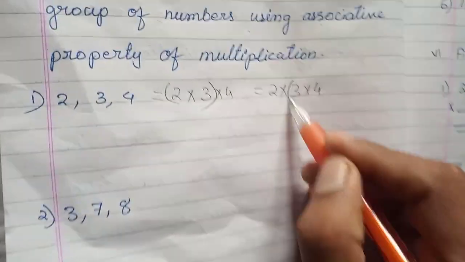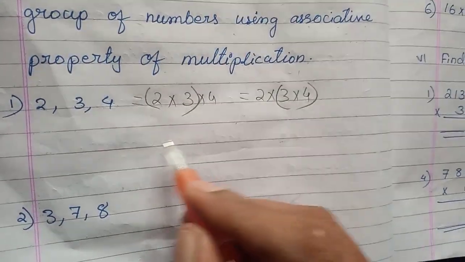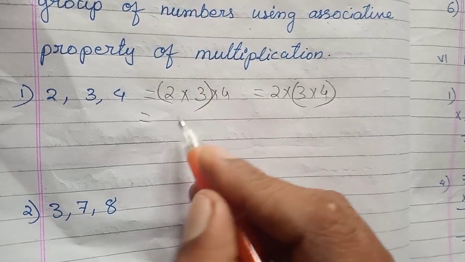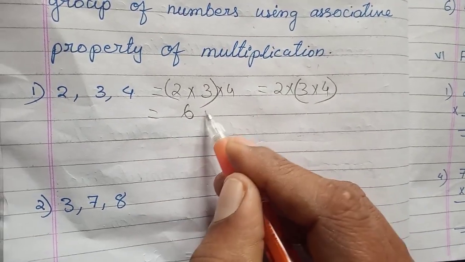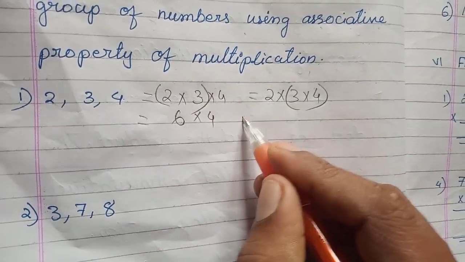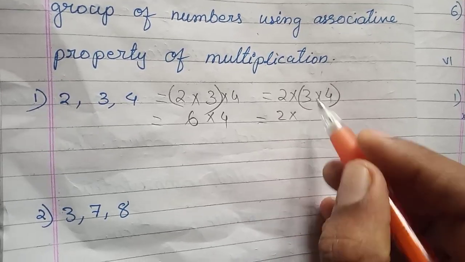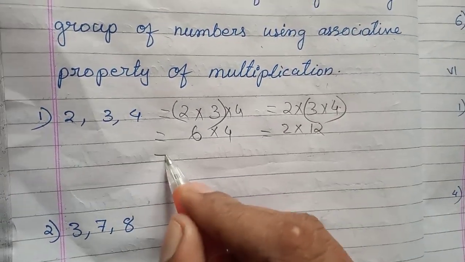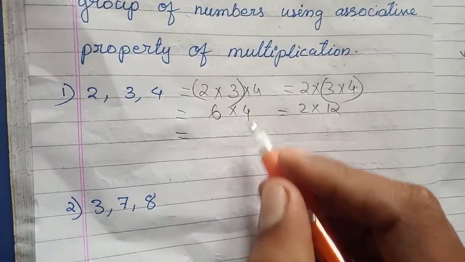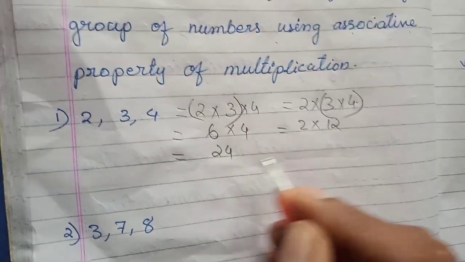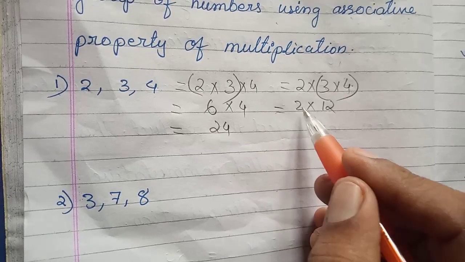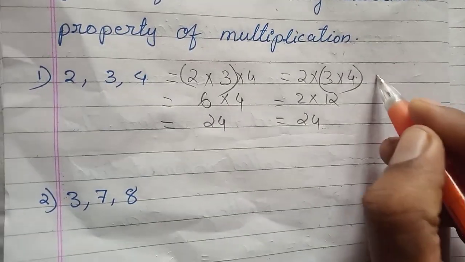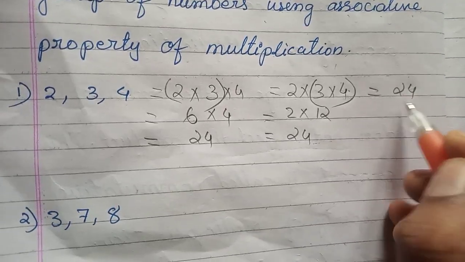Here 3 into 4 in bracket is equal to 2 into 3, 6 into 4 is equal to 2 into 3 fours are 12 is equal to 6 fours are 24. 2 12s are 24 is equal to 24.